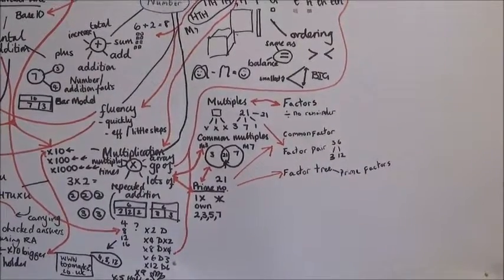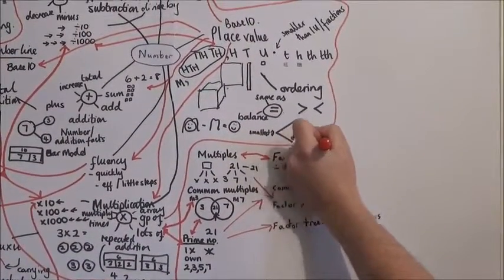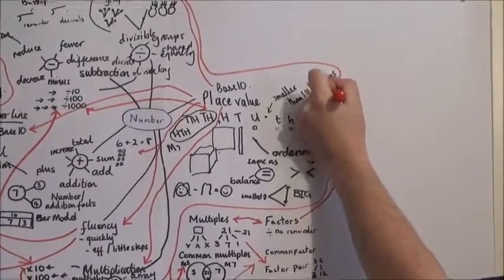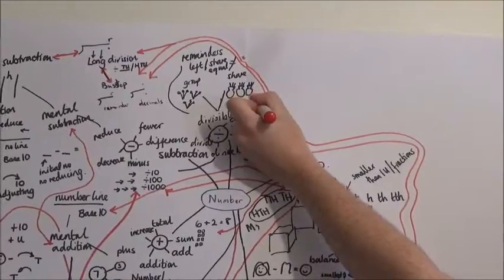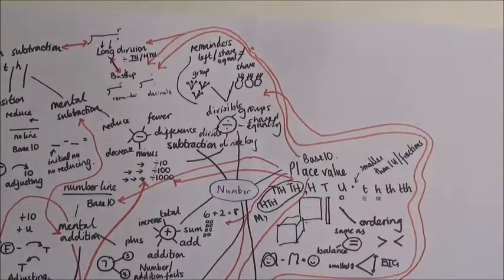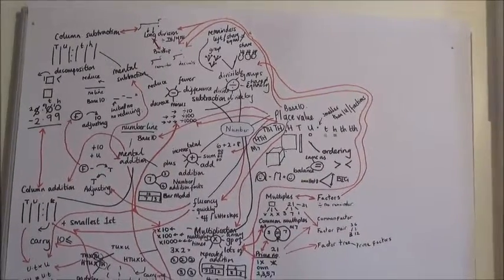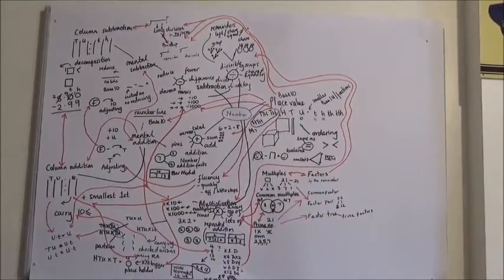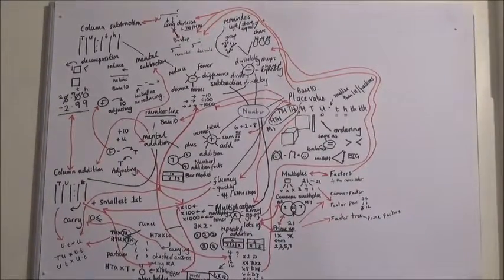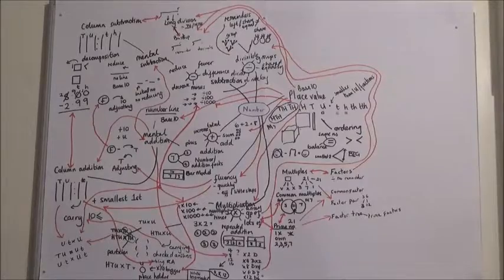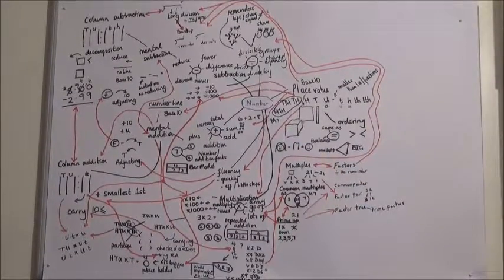One last link that we need to do, factors link to division. So I'm going to go all the way up here and then cross over into our division. Okay, how does that link to our number mind map? Well, actually, I don't need to write anything on there, but we are going to use a new colour, green, for the inverse.